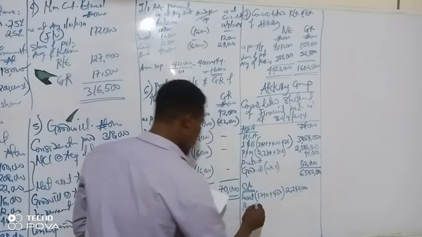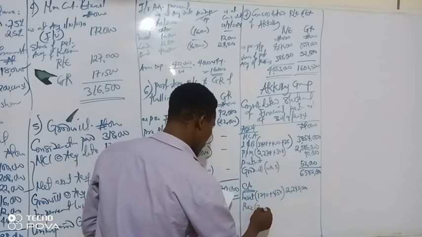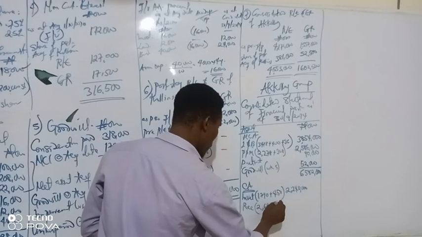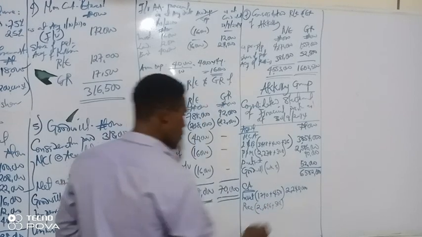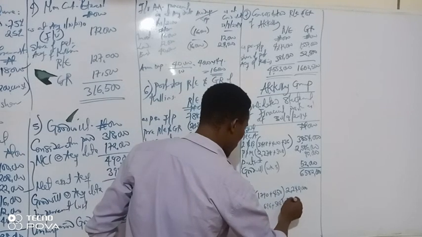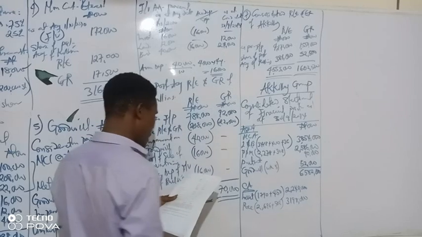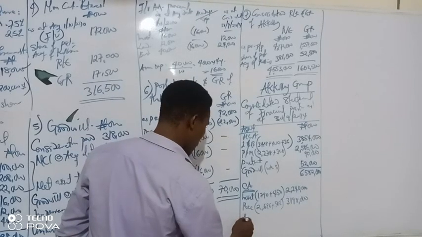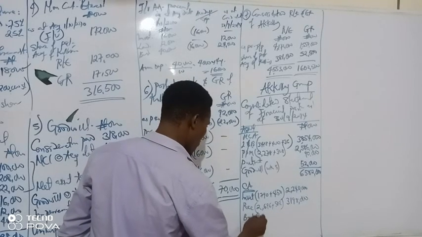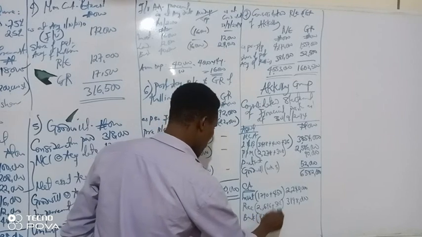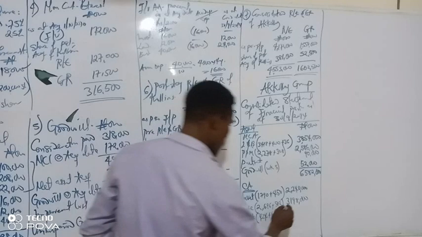That will be 2,696 plus 502, which is 3,198,000. Followed by bank. 424 plus 68, 492,000.